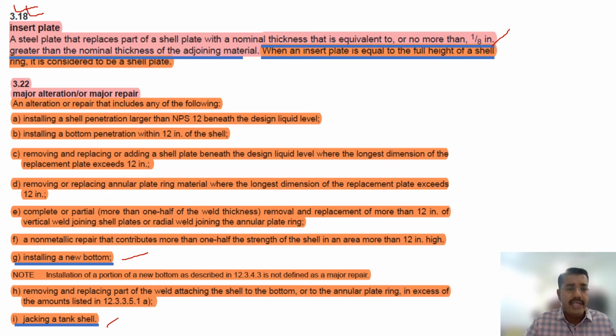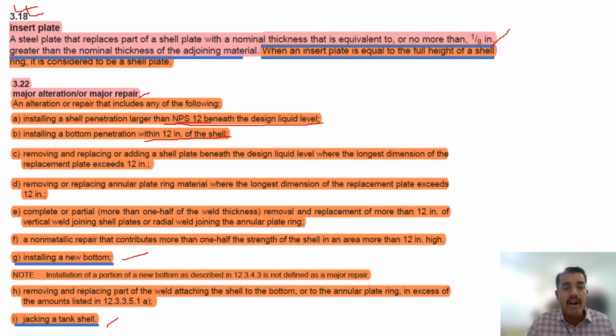So what is called major alteration, major repair? Installing a shell penetration larger than NPS 12, nominal pipe size 12, beneath the design liquid level. Above the design liquid level, it is not a major alteration because the hydro test is not required. Installing a bottom penetration within 12 inch of the shell.